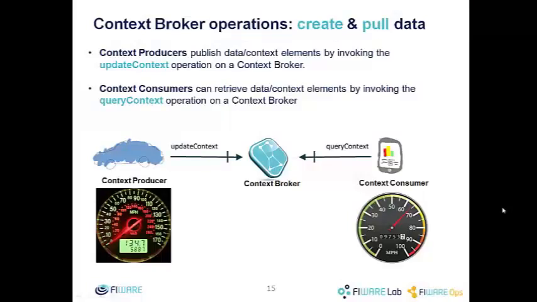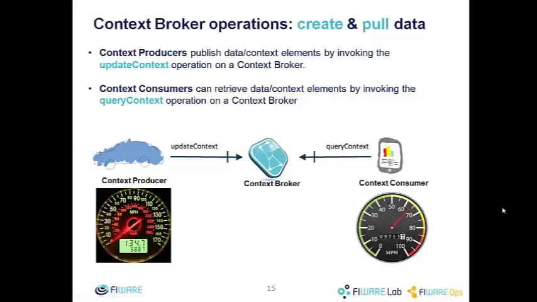Here we have an example of context broker operations, where you have an application that creates data and an application that pulls this data. The context producer is the one that publishes data, and it uses the update context operation on the context broker, whereas the context consumers can retrieve the data using the query context operation of the context broker.